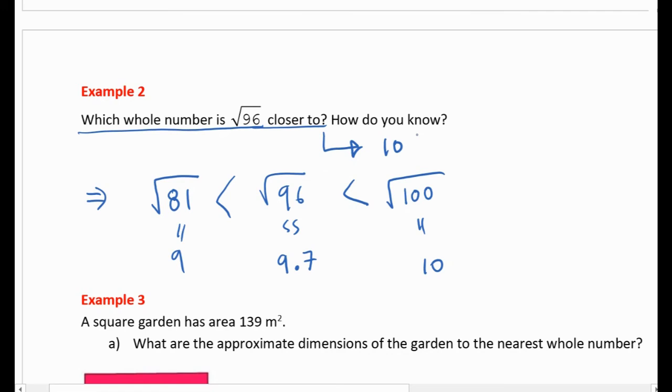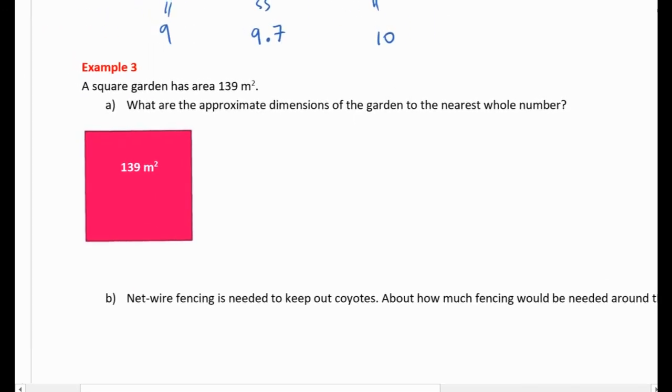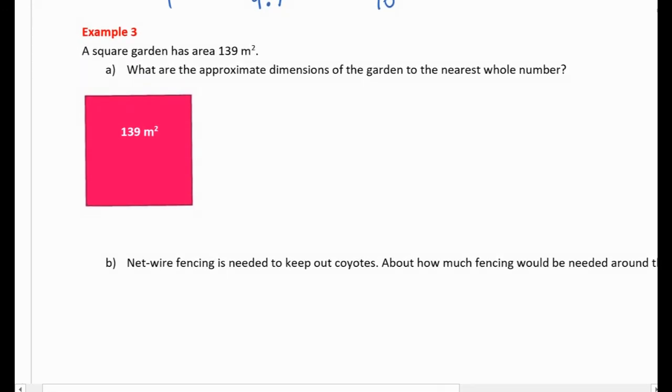Alright, let's move on. Example 3. A square garden has an area of 139 square meters. So what are the approximate dimensions of the garden to the nearest whole number? So we want to find the side lengths. And of course, the side length you can just find by taking the square root of it.